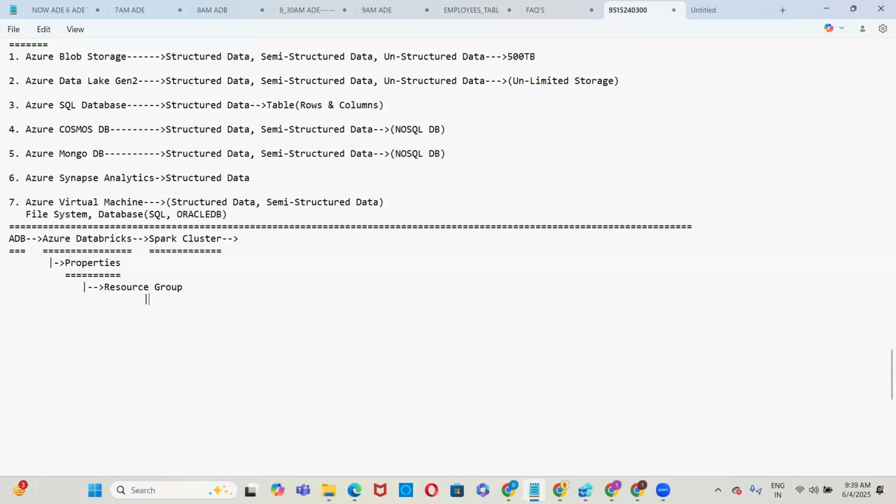Then the resource group is followed by the workspace. And then the workspace is followed by the cluster. And then the cluster is followed by the notebooks.